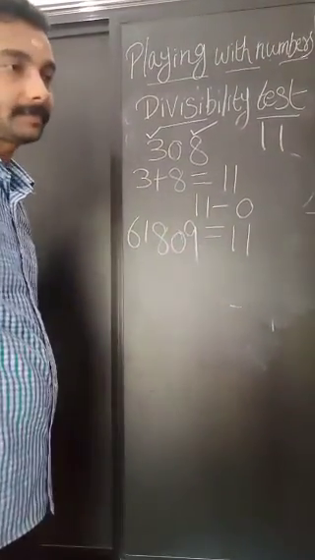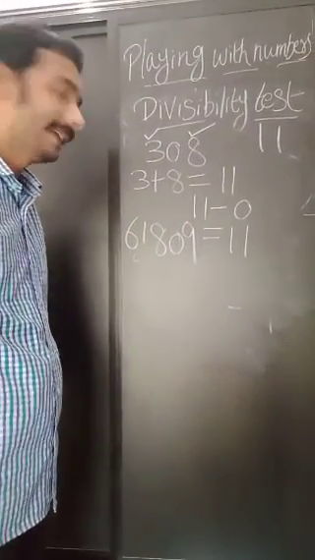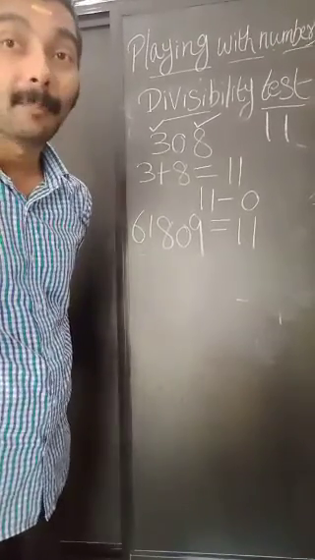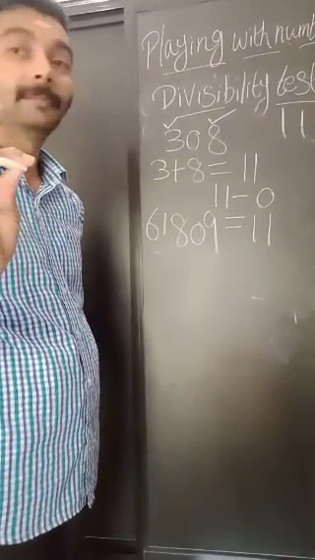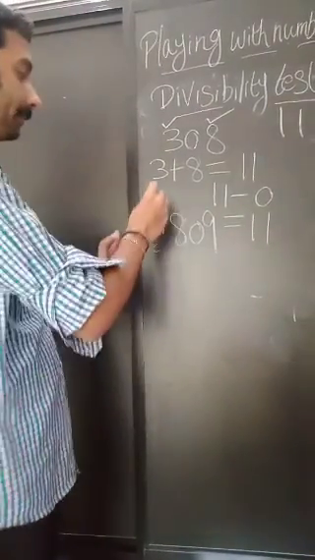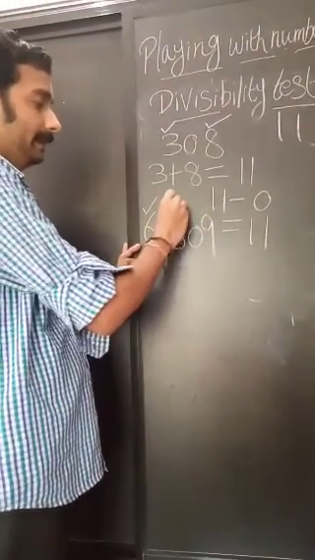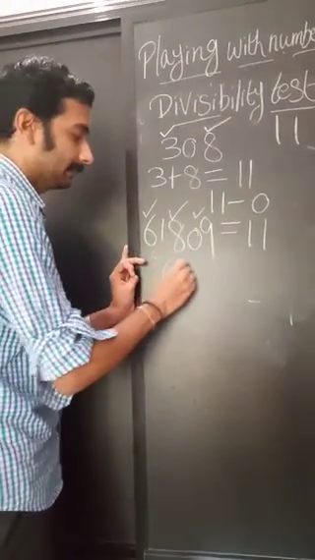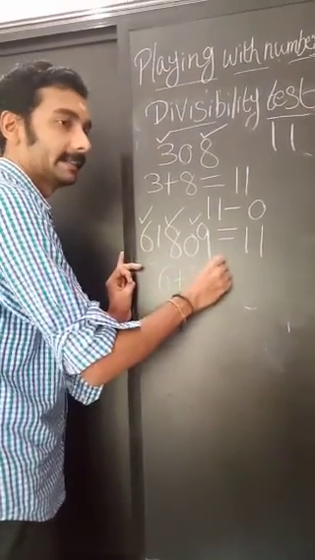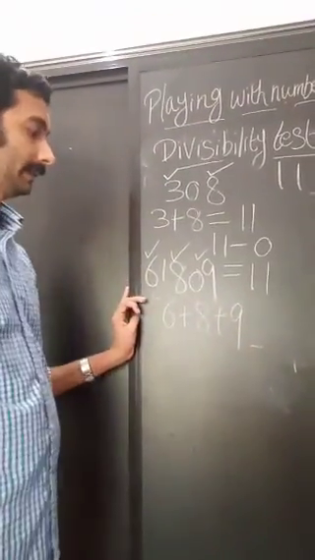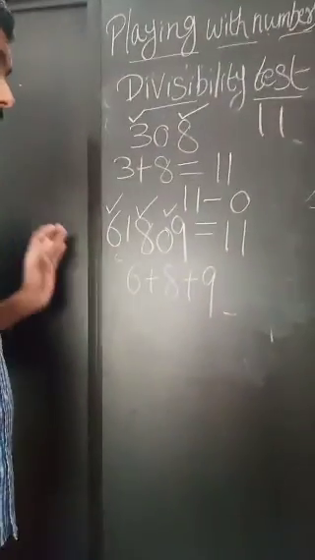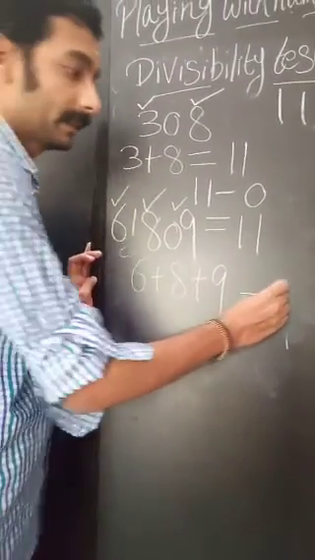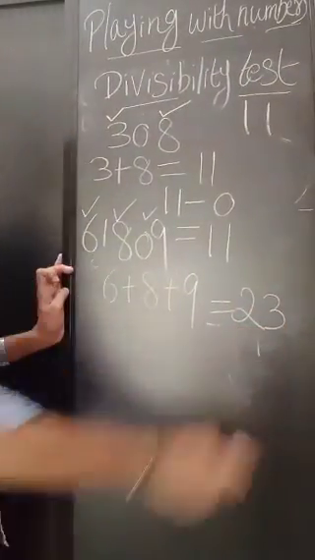Then another one is 61809. First we consider the sum of the digits at odd places: 6, 8 and 9. 6 plus 8 plus 9 is 23.